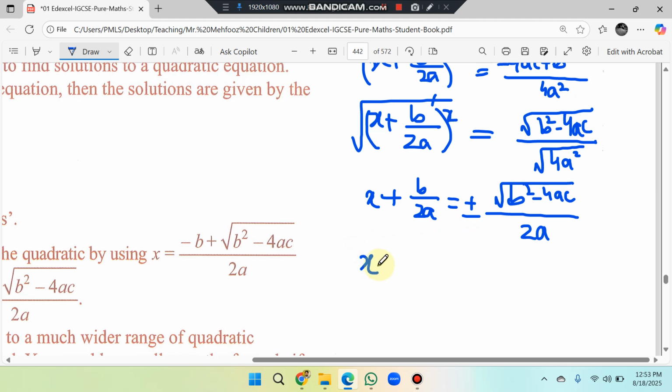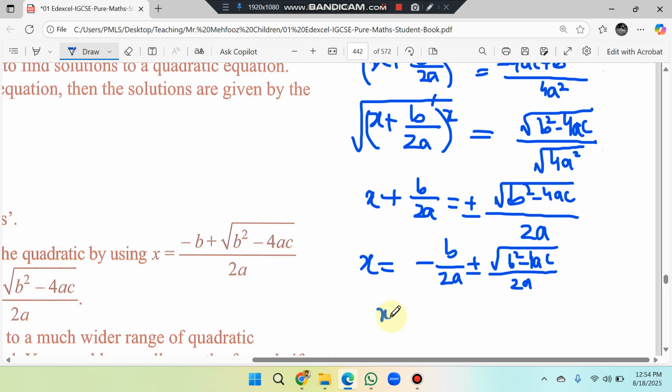No. So we can also write that this b over 2a goes on the right side, and subtracted from this term it will becomes minus b over 2a plus minus square root of b square minus 4ac over 2a.